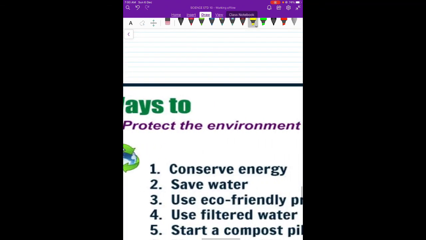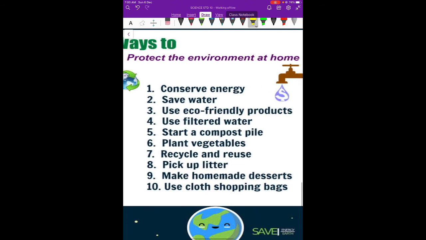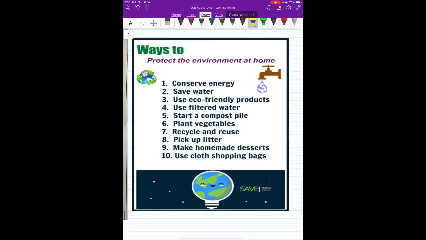So this we can also see here, ways of protecting the atmosphere. First, conserve energy by all means, and save water because water is very precious. Use eco-friendly products which will help the environment. Use filtered water. This is a major issue in most parts of the world. Start a compost pile.